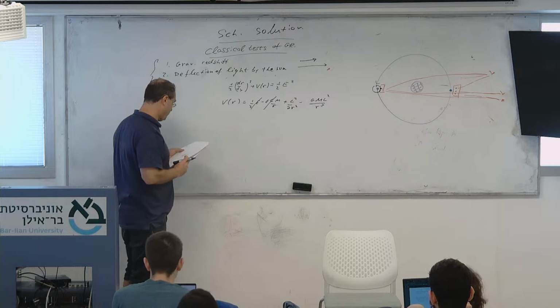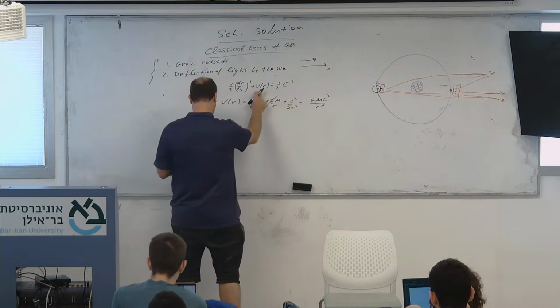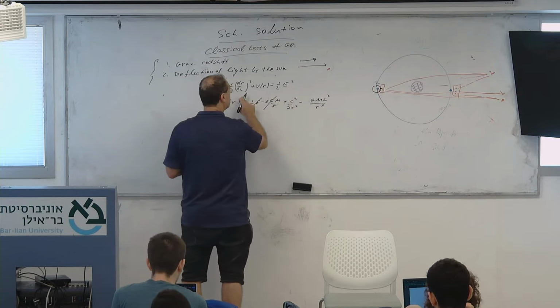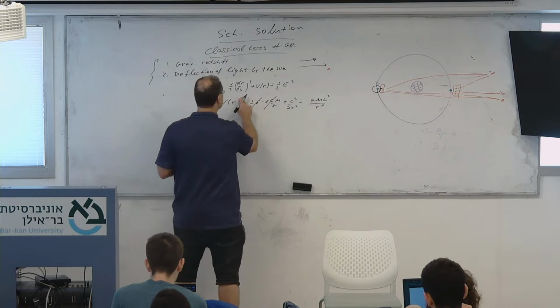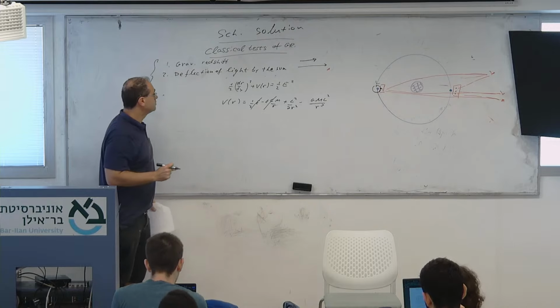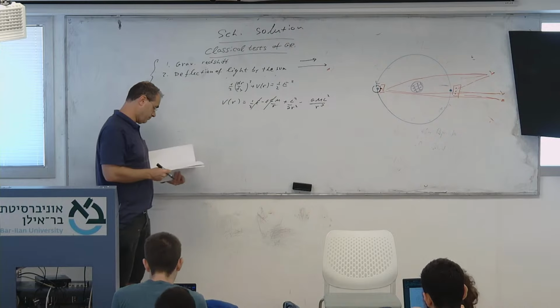So if I plug it in here, V of r, and I divide by L squared, multiply by 2. Shouldn't there be another term in the denominator of the r squared? No, that's all the terms we have.